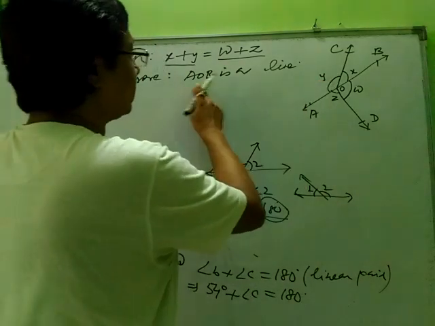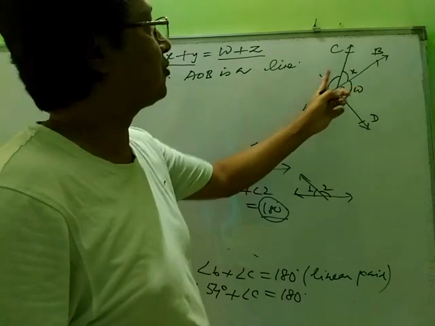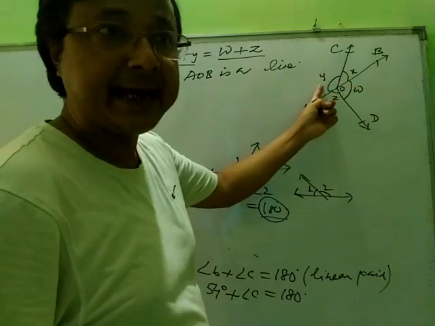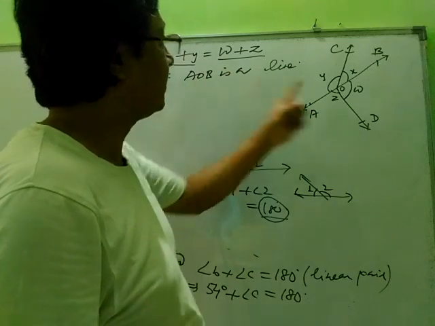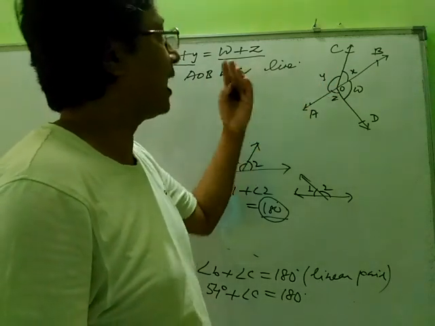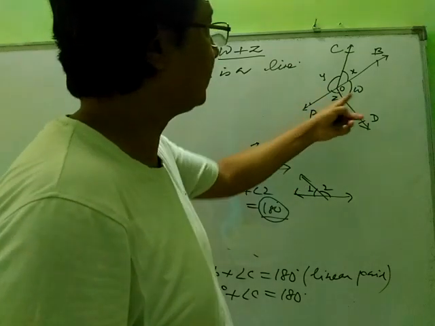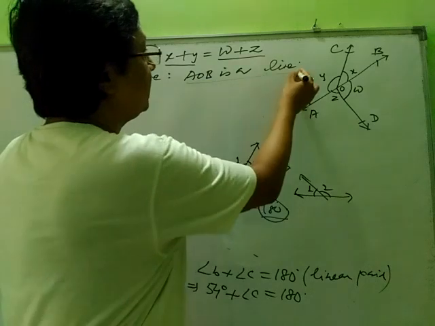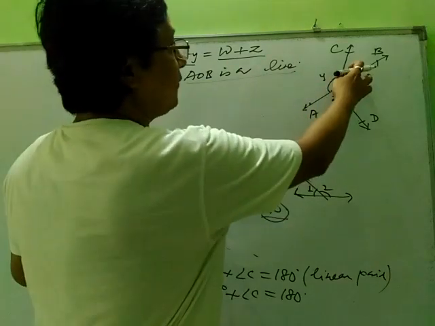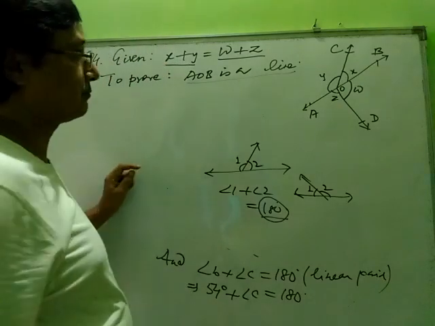In that case, the line will be a straight line, because to be a straight line, the sum of the measures of either pair of adjacent angles should be 180 degrees, that is, equal to two right angles.